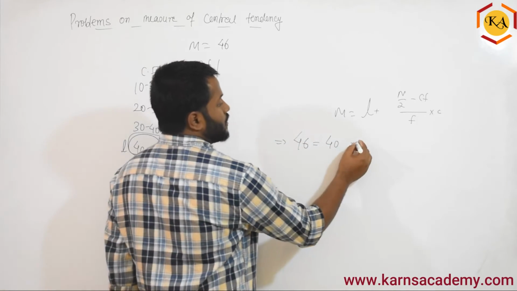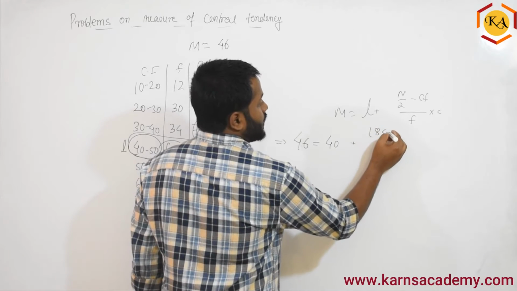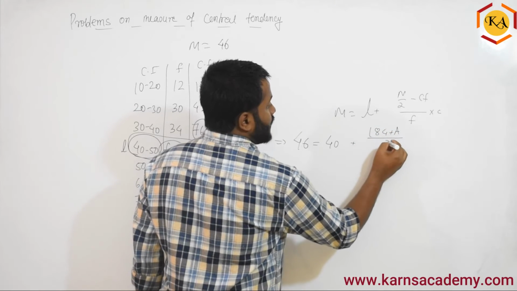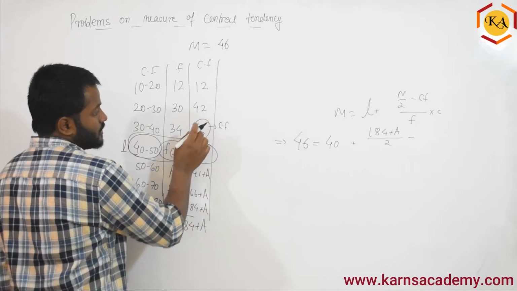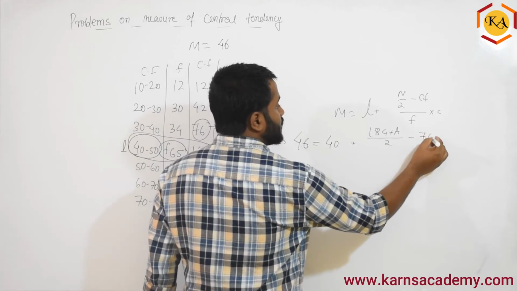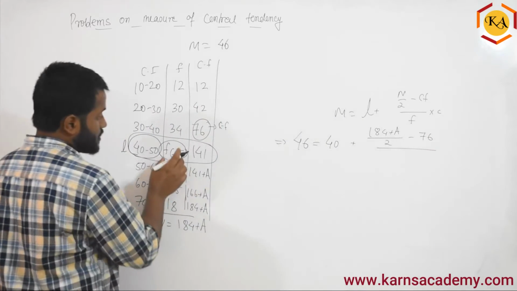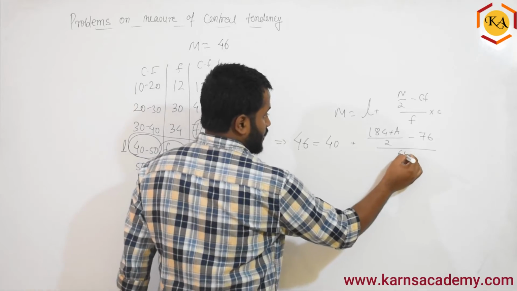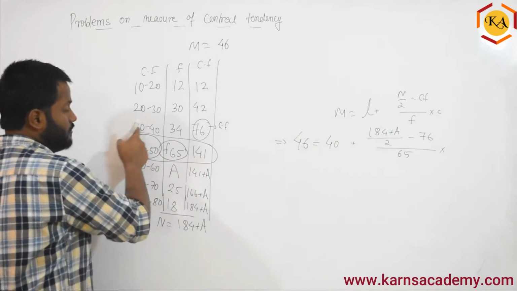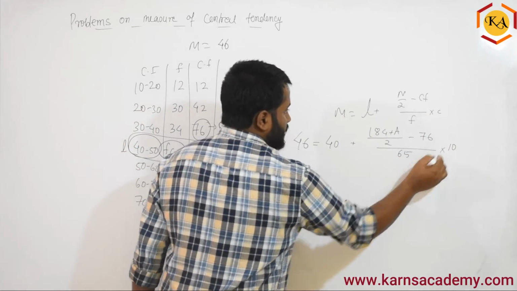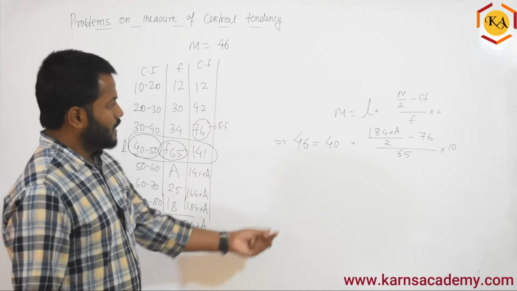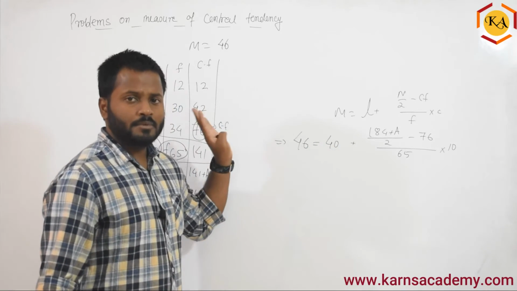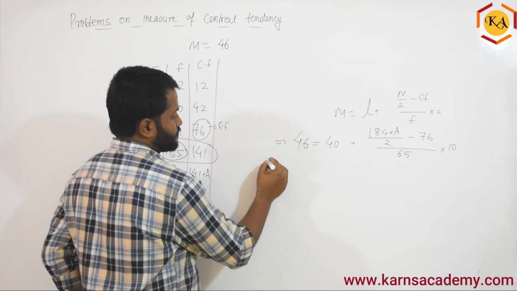Plus what is n by 2? 184 plus a by 2 minus, how much is the CF value? 76 divided by, what is the frequency value? 65 into, what is the C? Of course it is 10, correct? Let me just take this 40 to this side and subtract so that our job will be easy.